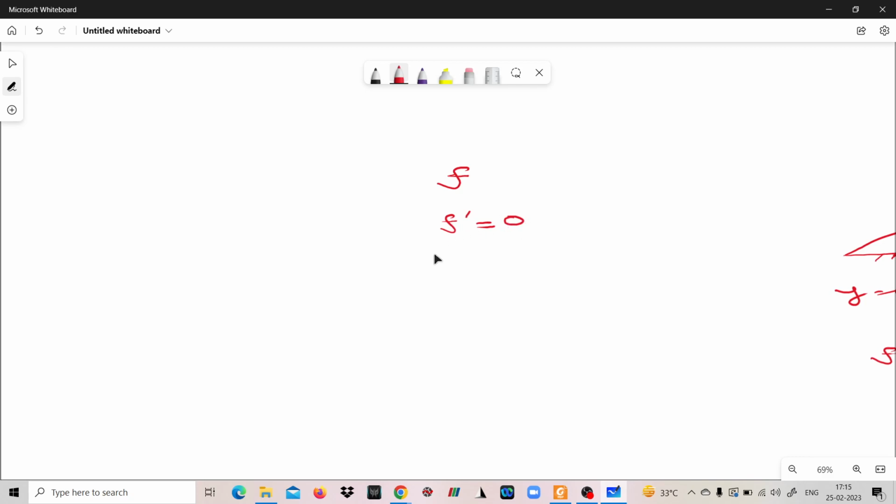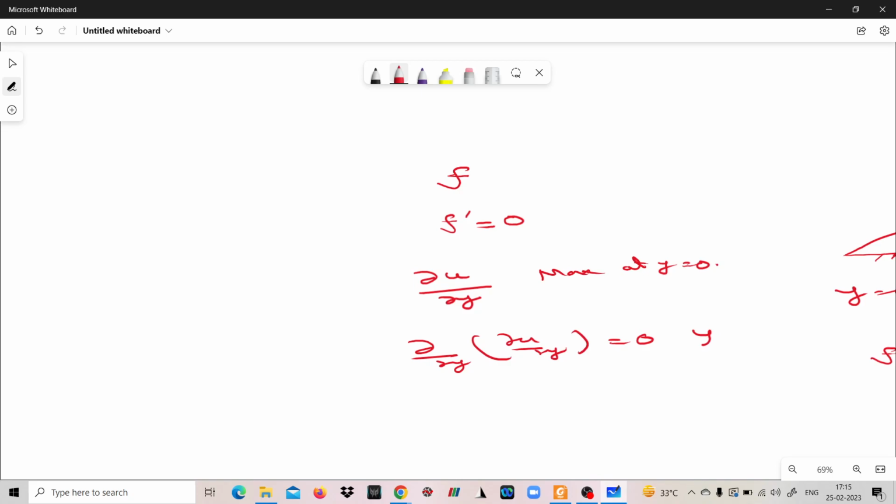In our case, we know that del u by del y is maximum at y equal to 0. So it means that del by del y of del u by del y will be 0 at y equal to 0.